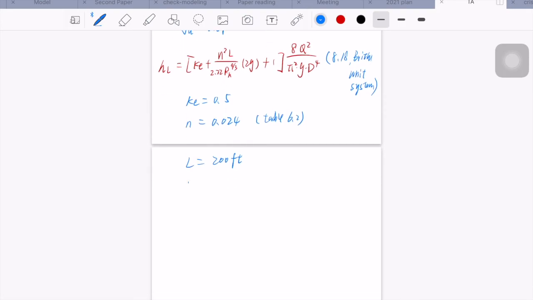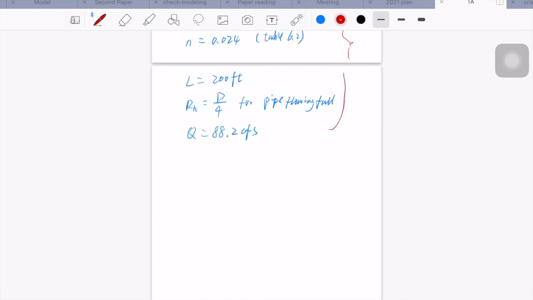And the Rh, hydraulic radius, equals D over 4 for pipe flowing full. And we know Q equals 88.2 cubic feet per second.